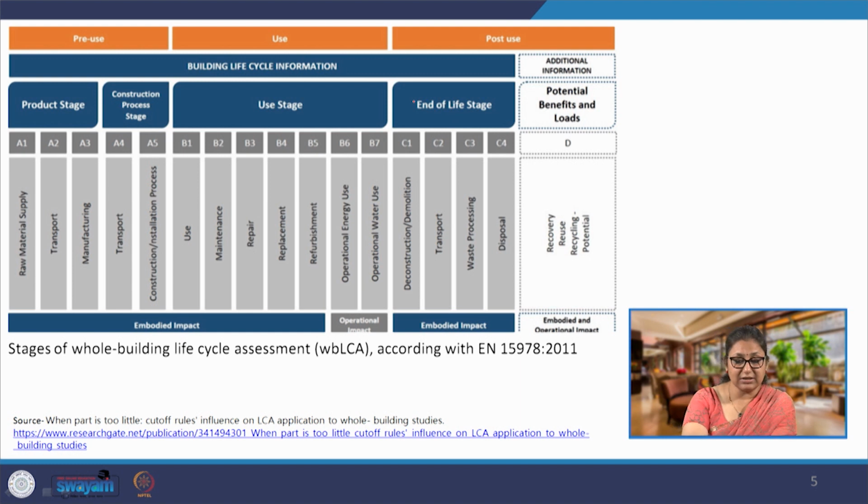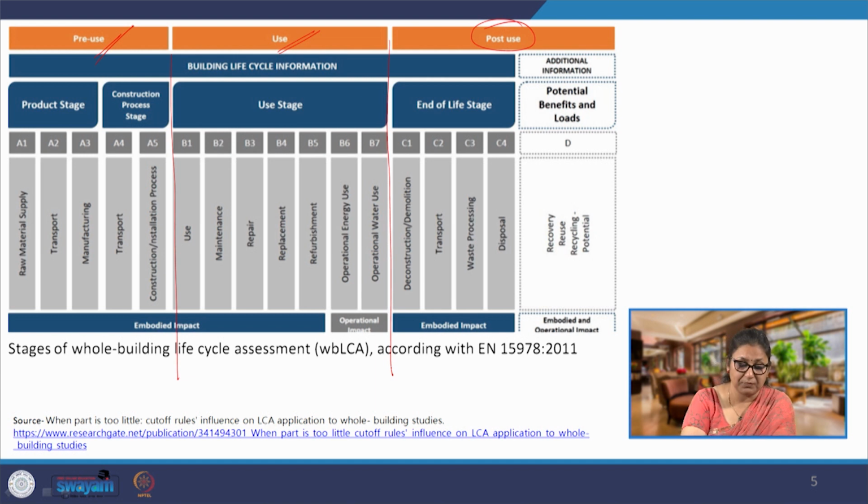So, if you look at this entire cycle here, the same stages when we bring here, we have the use stage, we have the pre-use or what we know as the upstream activities, and we have the post-use which we know as the downstream activities. So, the use stage, which is when the building is in operational use.